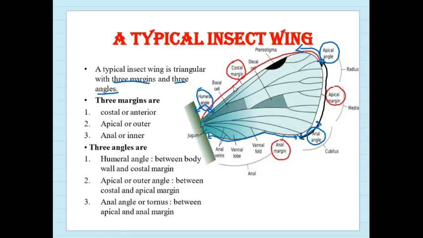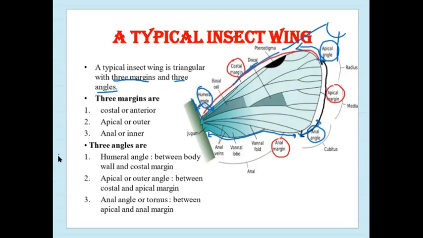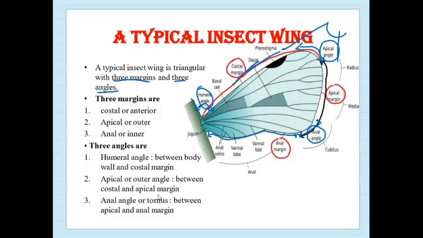The apical or outer angle is between the costal and apical margin. The anal angle or tornus is between the apical and anal margin.